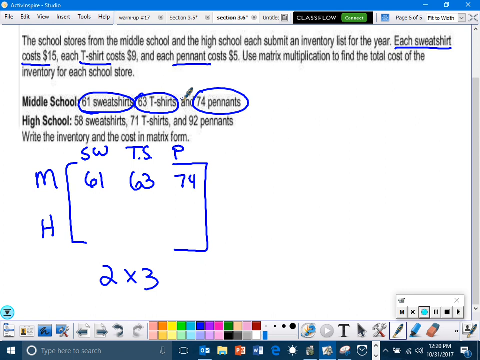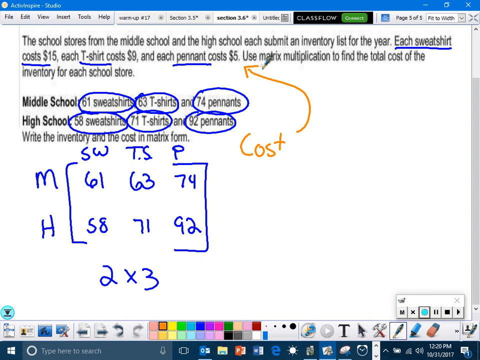The high school has 58 sweatshirts, 71 t-shirts, and 92 pennants. So the first matrix is for the inventory. The second matrix has to be the cost, which is given up in the first paragraph.